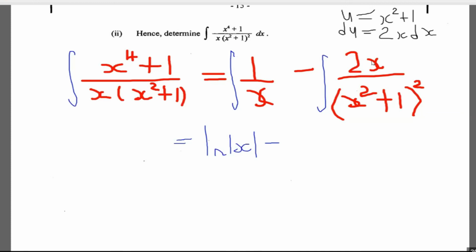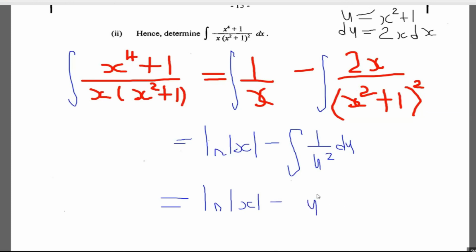We substitute 2x dx as du, and x squared plus 1 all squared is now u squared. So it's minus the integral of 1 over u squared du. Integrating 1 over u squared du is like integrating u to the minus 2, and you get u to the minus 1 divided by negative 1, plus some constant of integration c.